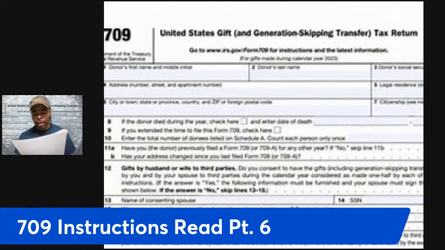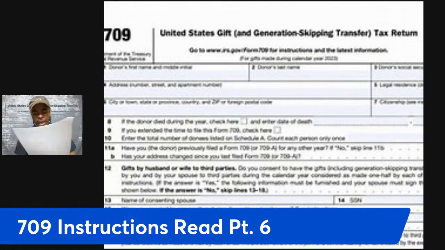If you are a U.S. citizen or a resident of the United States, you ain't even got to be a citizen. You could just be a resident. You must apply any available applicable credit, and the credits they just told you right here: the basic exclusion amount, any DSUE plus any restored exclusion amount, if that's your thing, for same-sex marriages and stuff.